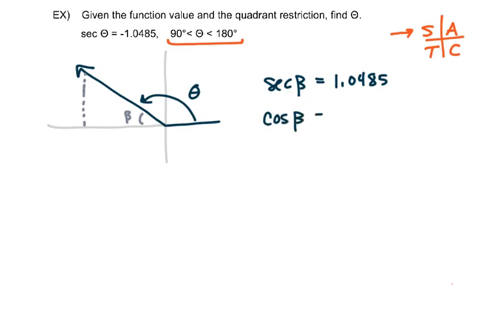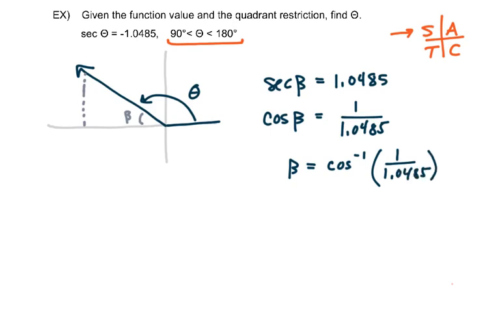So cosine beta, this is a reciprocal property, I get 1 over 1.0485. So beta is cosine inverse of 1 over 1.0485. Typing that into my calculator, I get that beta is roughly 17.49 degrees. Now that's not my final answer.